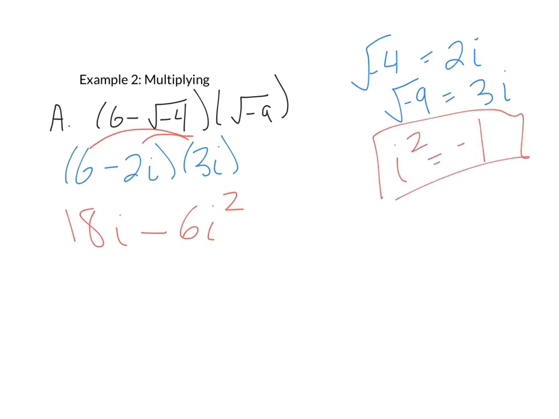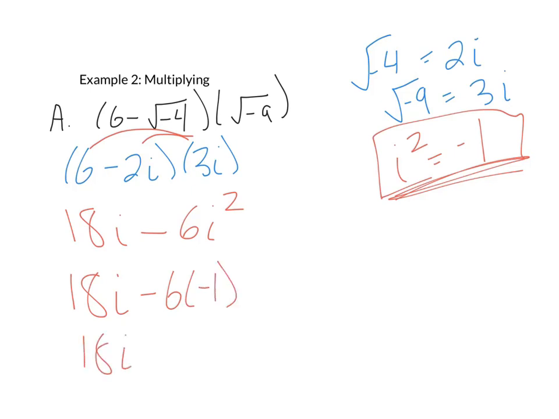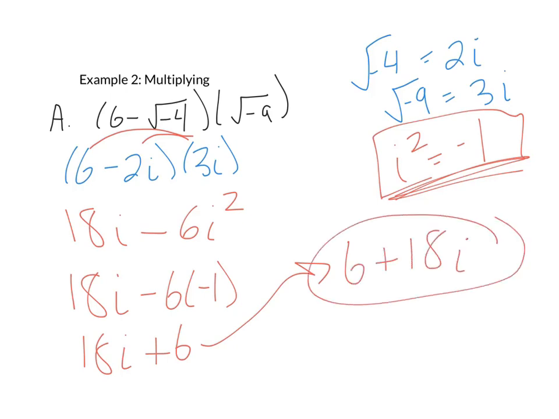You should know that. If not, remember this. This is important. So let's rewrite this as 18i minus 6 times negative 1. So it's just 18i plus 6. But I don't like the way that's written. We always like the real part first. So rewrite this as 6 plus 18i. Final answer.